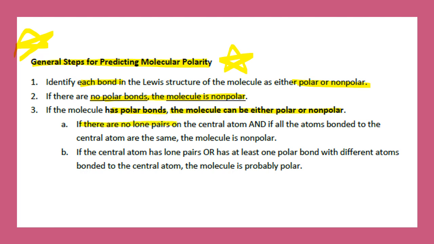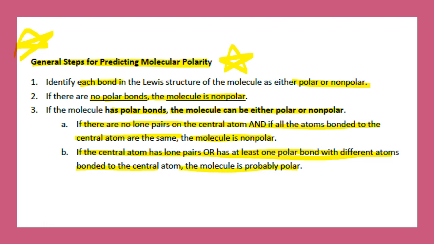If there are no lone pairs on the central atom, and if all of the atoms bonded to the central atom are the same, the molecule is nonpolar, even though it has polar bonds. Or if the central atom has lone pairs on it, or has at least one polar bond with different atoms bonded to the center, the molecule is polar.